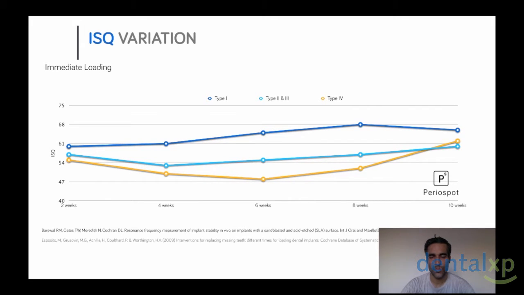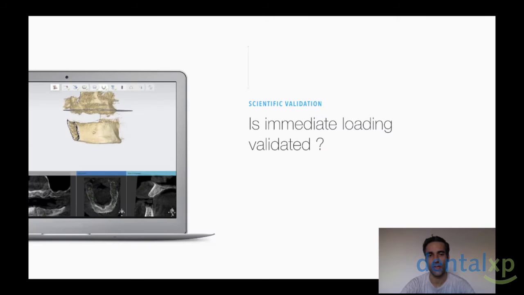We all know from the research from Abrahamsson and Berglundh in 2003 and 2004 that there is a bone remodeling around the implant, and of course this mechanical stability is lost after 15 days. So we have to be careful to not manipulate the implants after 1 week.